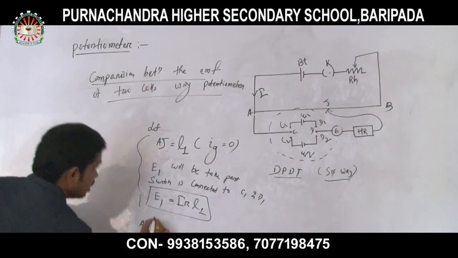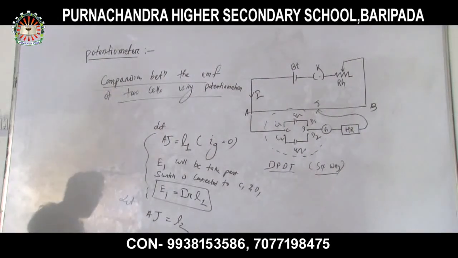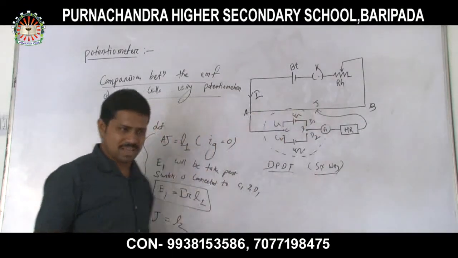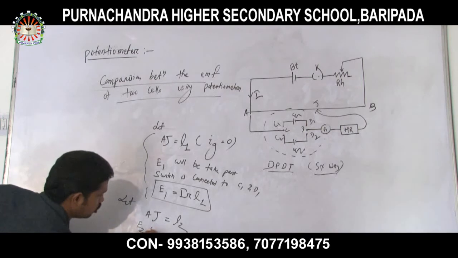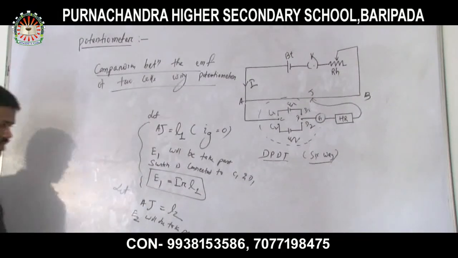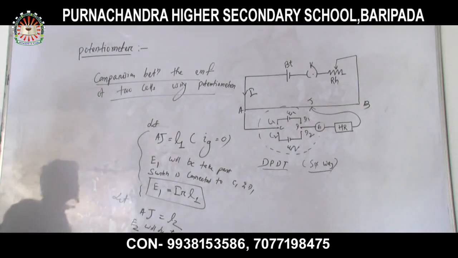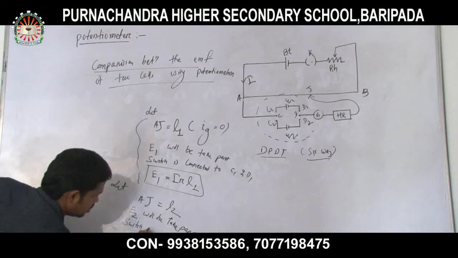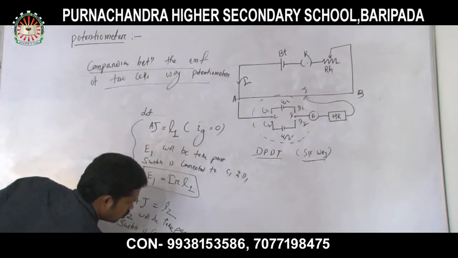Now come to the second part, when the switch is connected to C2 and D2. In this condition, let AJ be equal to L2, another length where the jockey is placed. Now E2 will take part because the switch is connected to C2 and D2.